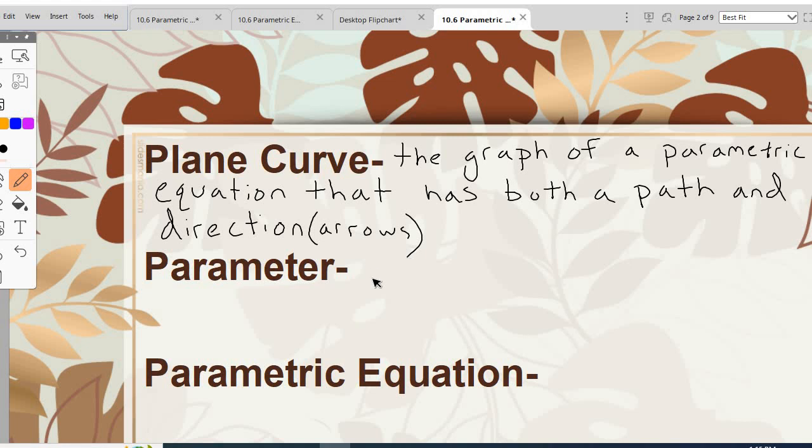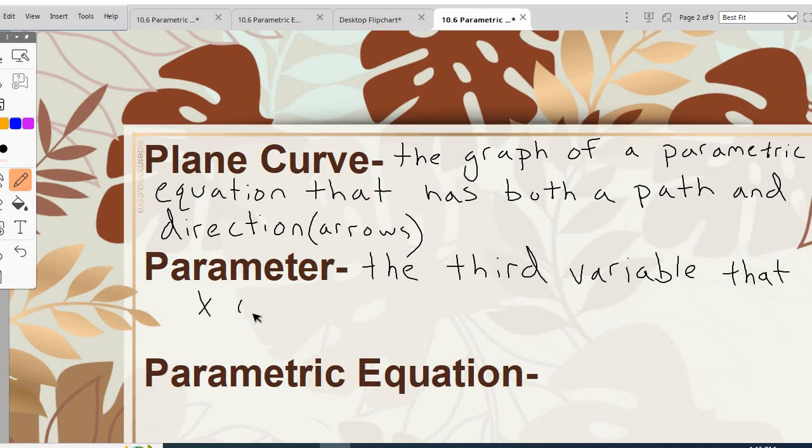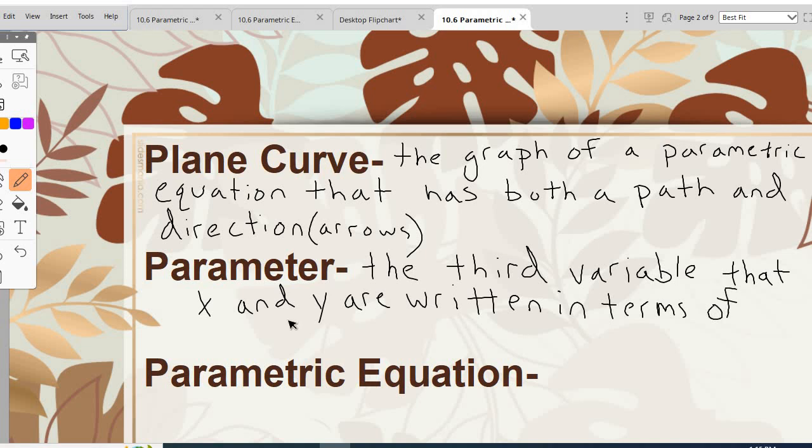So your parameter is the third variable that x and y are written in terms of. And most of the time you're looking at either t or theta.